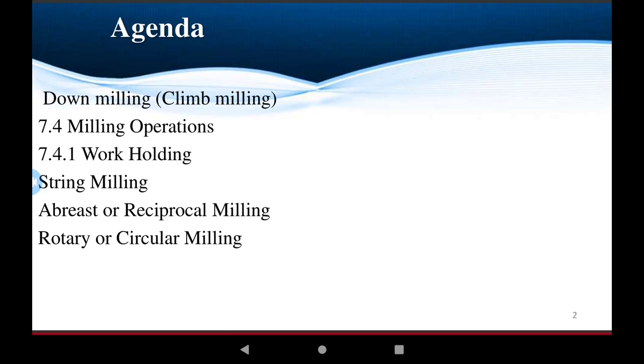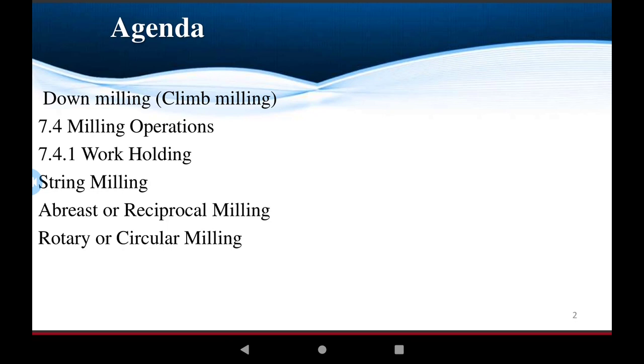The main objective of the milling machine and milling operation is to cut the extra metal from the surface of the workpiece and complete the workpiece.